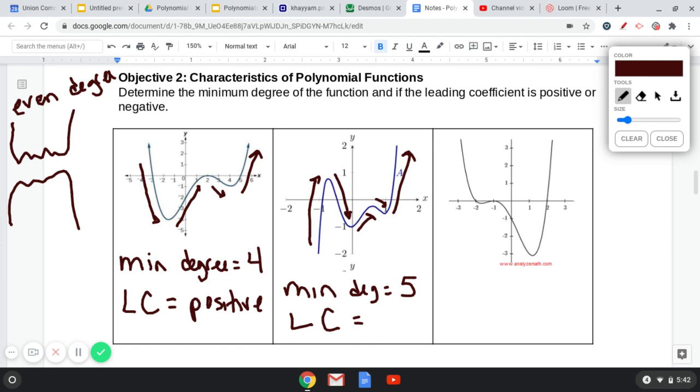And then the leading coefficient, positive or negative, odd degree. Sorry, this is messy. Odd degree, if the leading coefficient is positive, will look like this. If it's negative, then we'll go the opposite way.